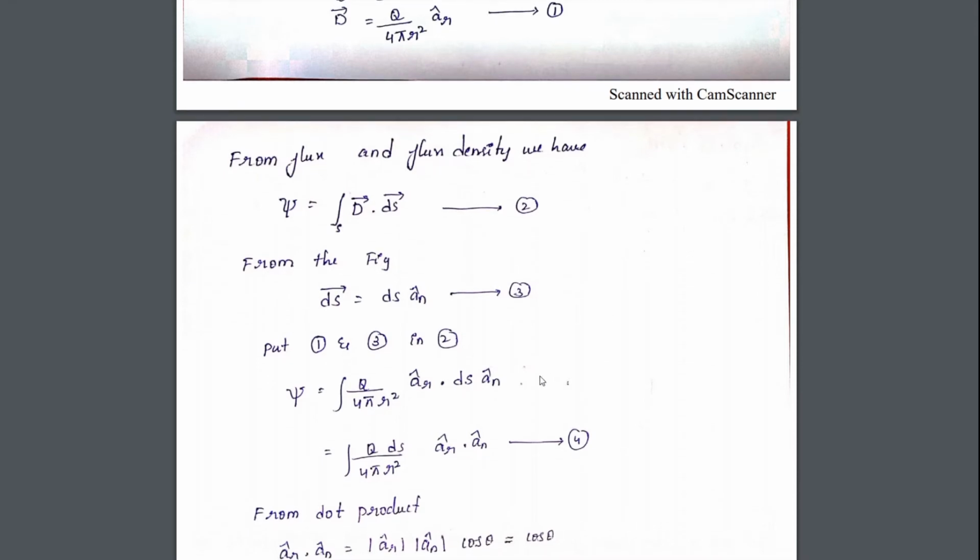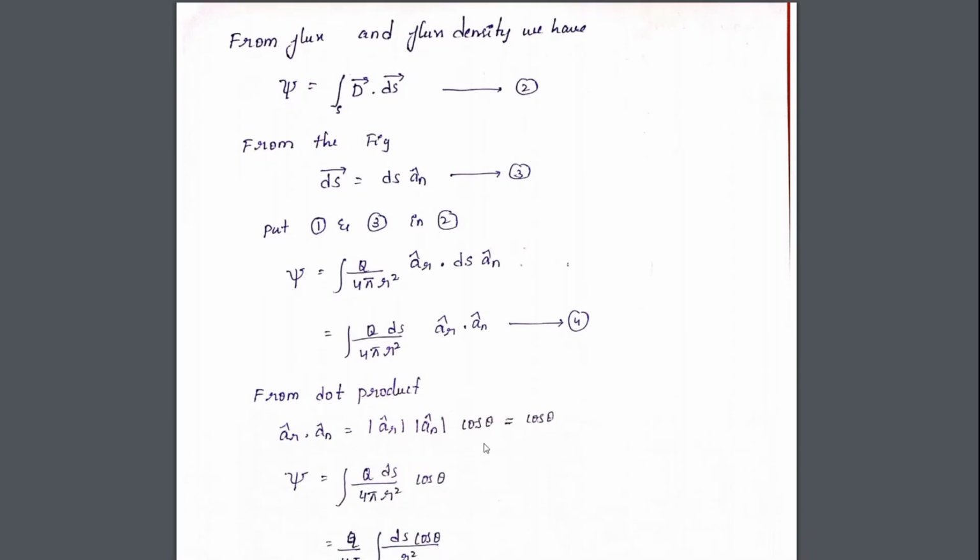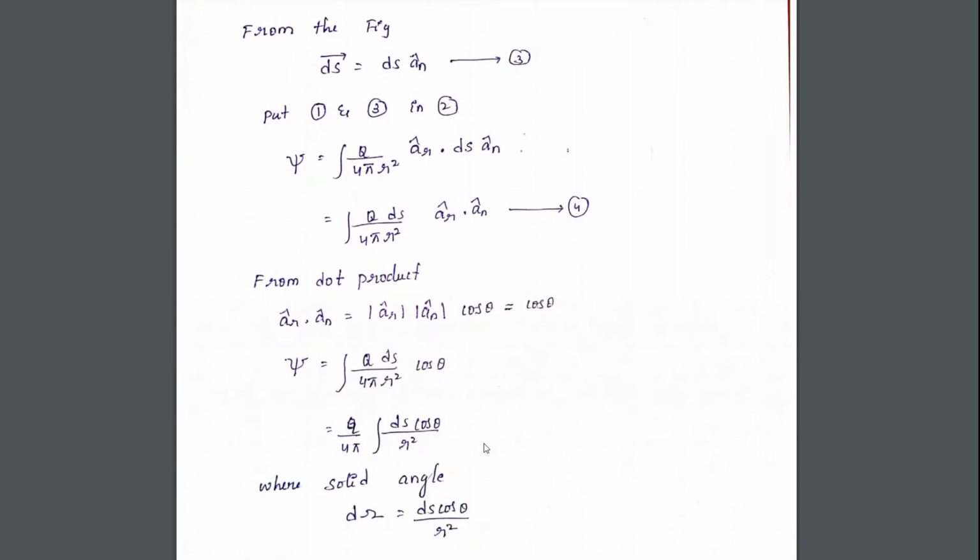And then in the dot product, you know how to write it: all the magnitude values should be written first. That is Q ds by 4 pi r square is written first. Then AR dot AN is written. So the magnitude should be kept aside and the dot product is only for the unit vectors. Understood? So you need to simplify the above, and you'll get this fourth equation.